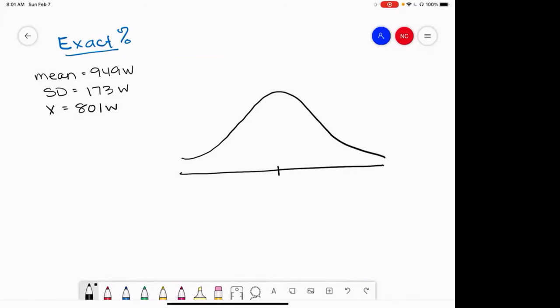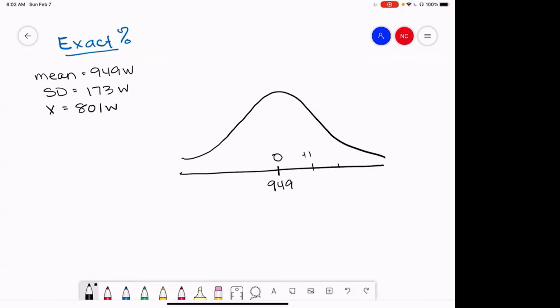So when we set up our distribution, we know the center is 0. We know that the center is 0, so that's where our mean exists. So in this case, our mean would be 949.